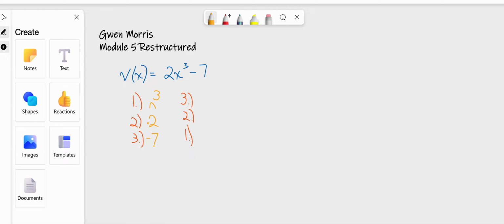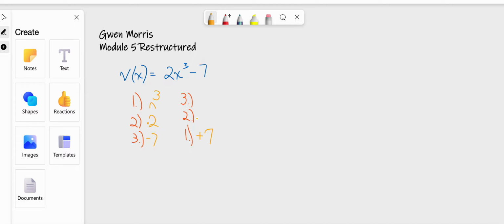To find the inverse operations of each of these, we have to go backward. There are three operations being done, so I'm going to go backward, starting at the bottom. The inverse operation for subtraction is addition, so I'd be adding 7 first. Sorry, my cat's knocking over everything.